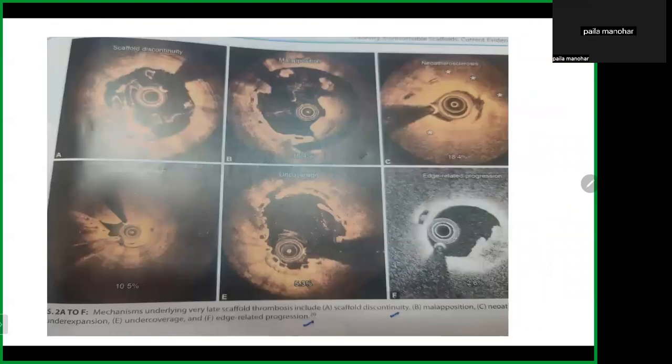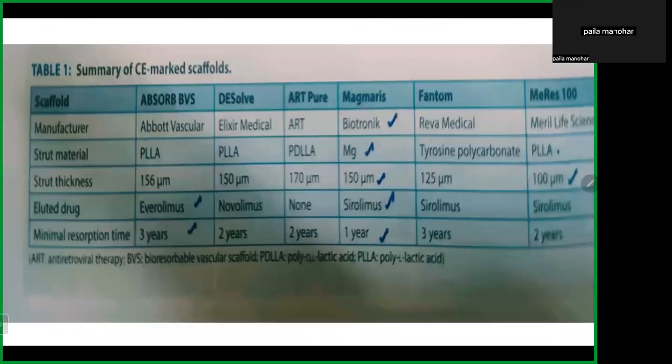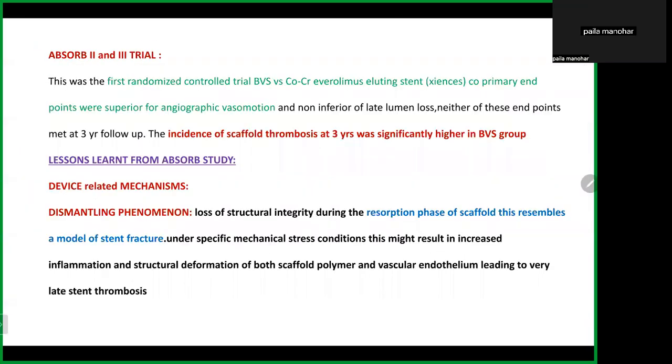In this first image, you can see the scaffold has a discontinuity, just like a stent fracture, which makes the endothelialization non-uniform, and scaffold thrombosis is more frequent. This phenomenon is known as the dismantling phenomenon, which is a loss of structural integrity. The scaffold has to be uniform over the vessel intima so that endothelialization will be a uniform phenomenon, not an irregular one, which may predispose to thrombus.